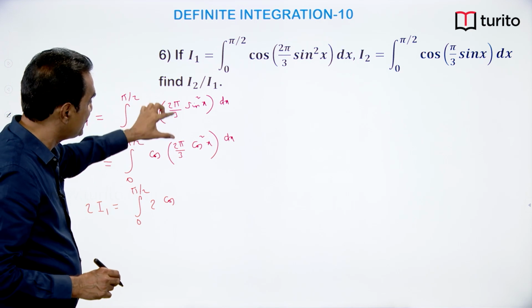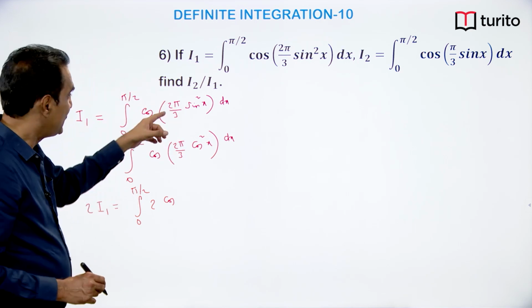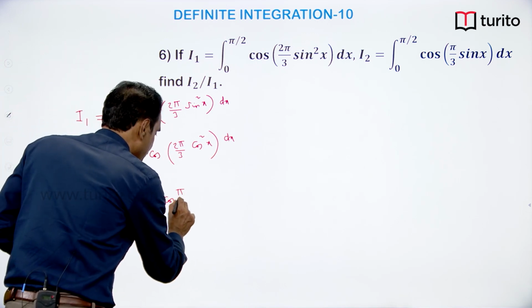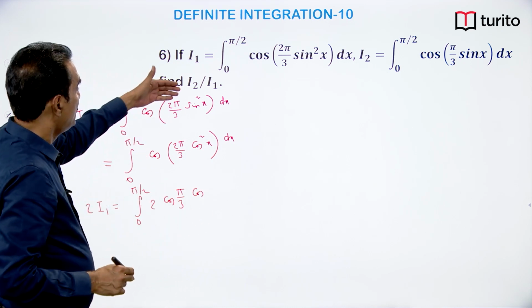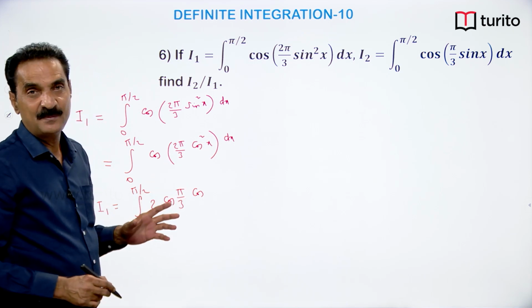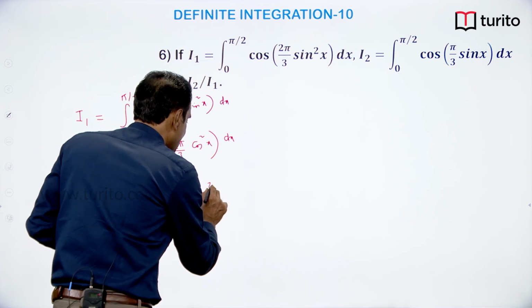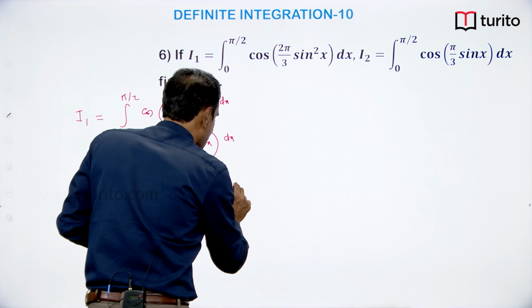If you add this and this, 2 pi by 3 into sin square x plus cos square x is 1. Then c plus d by 2 is pi by 3 into cos c minus d by 2. 2 cos c plus d by 2 cos c minus d by 2. Cos c minus d by 2 is 2 pi by 3 into sin square x minus cos square x.